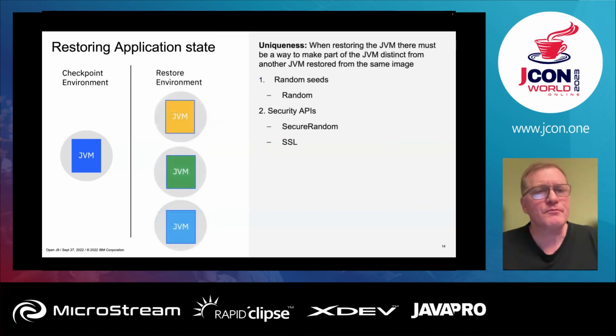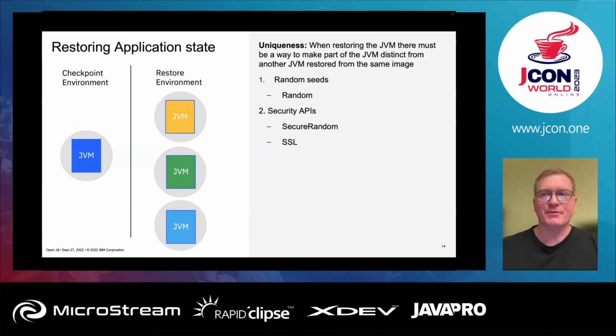Now, some other interesting things come about when you're trying to do this. Because you're restoring the JVM from a single checkpoint, you still want to make sure that different restores of that checkpoint look unique. In particular, you want random seeds to continue to be random.